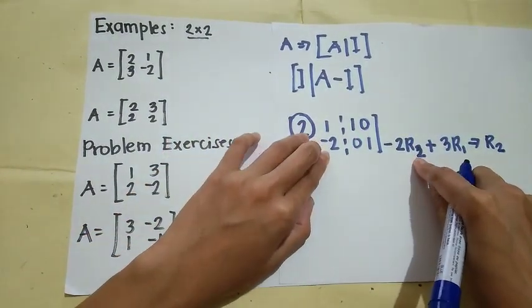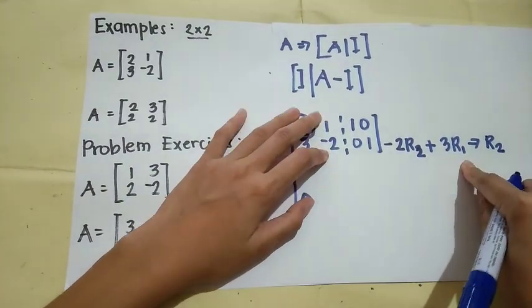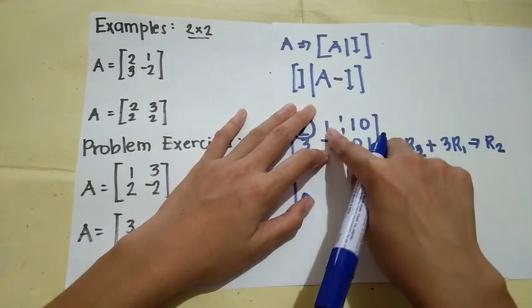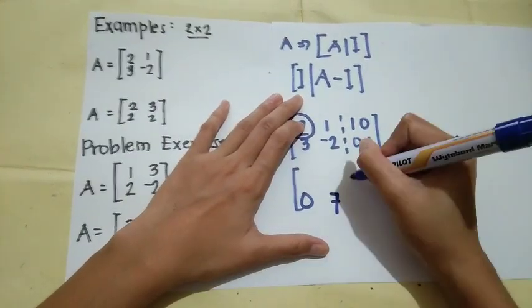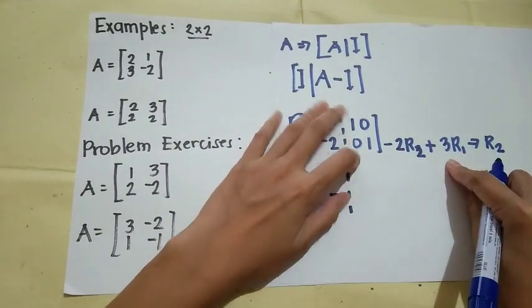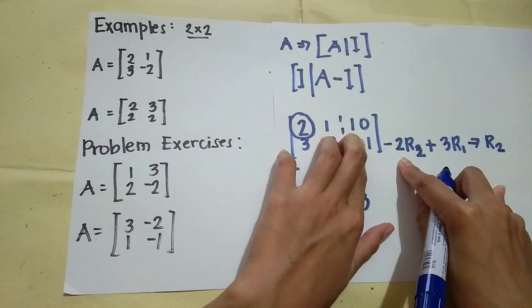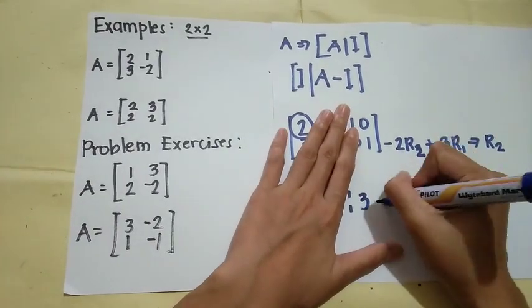Negative 2 R2 times negative 2 is positive 4, plus 3 R1, which is 4 plus 3 equals 7. Then negative 2 R2, we have 0 plus 3 R1, we have 3 here. Then negative 2 R2, which is negative 2, plus 0, we have negative 2.